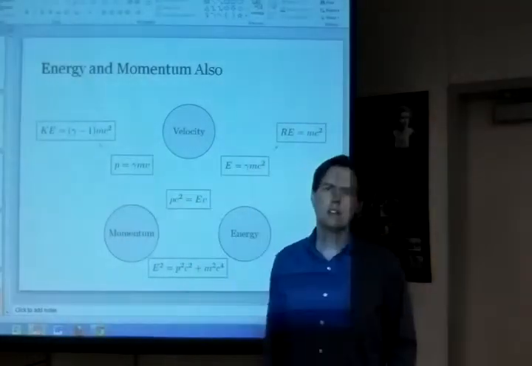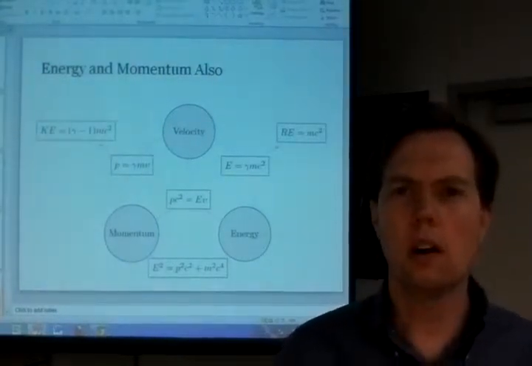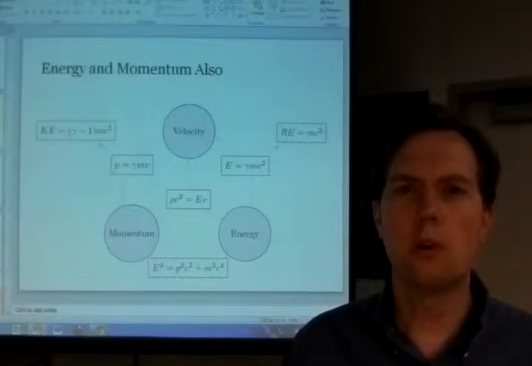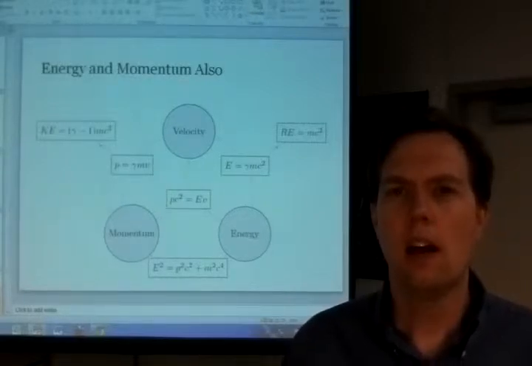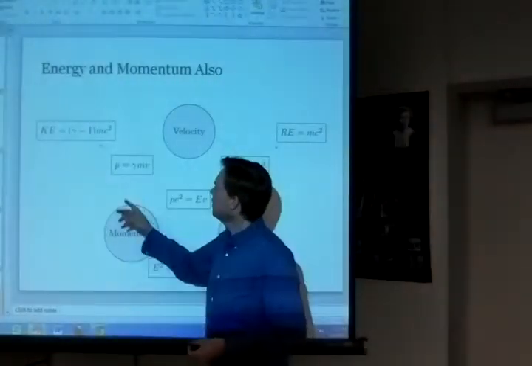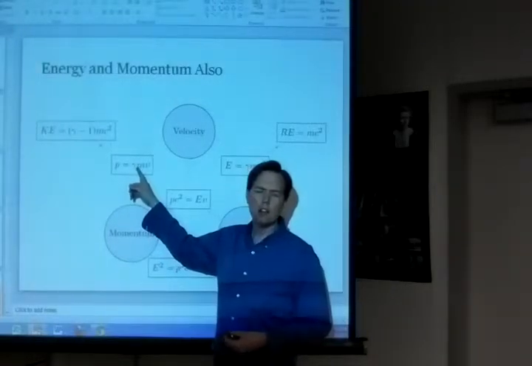In order to incorporate relativity into our notion of momentum, we just use the new formula for mass with the gamma factor in there, and that's straightforward. The interesting thing here is that, remember, there's a velocity inside this gamma factor.